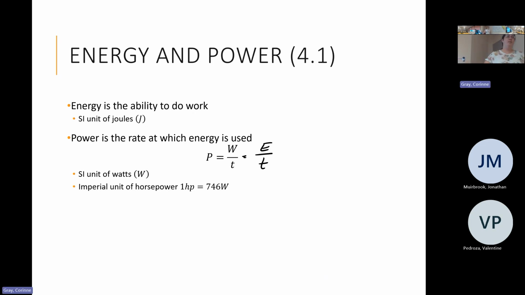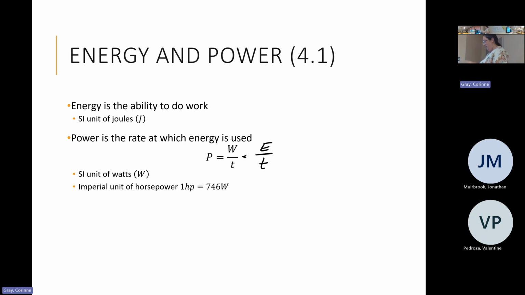So with circuits in particular, we typically do not see joules utilized. It would be a lot. There would be a lot of joules for the amount of time that you typically have something on.